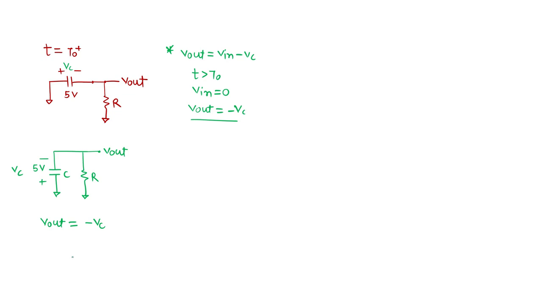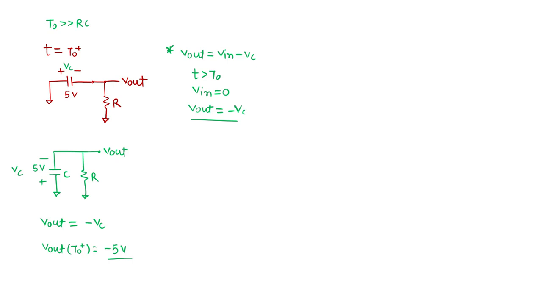Okay. So now what is the V out? V out at T naught positive is minus 5 volt, because the capacitor has reached 5 volt already, since we are considering the case T naught much greater than RC.